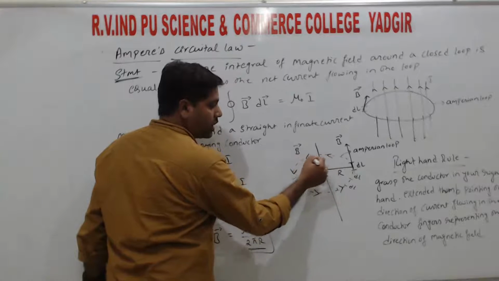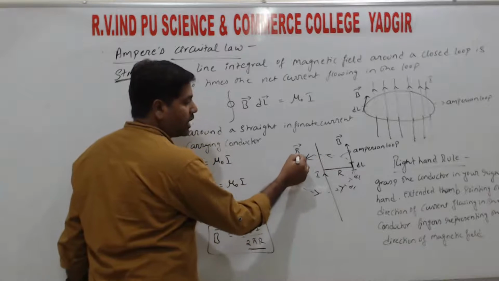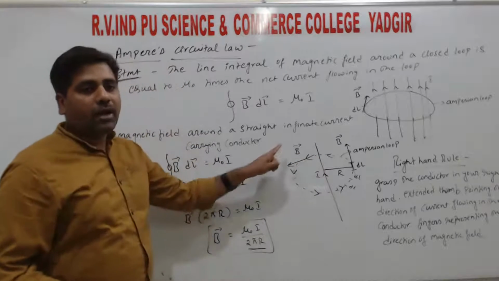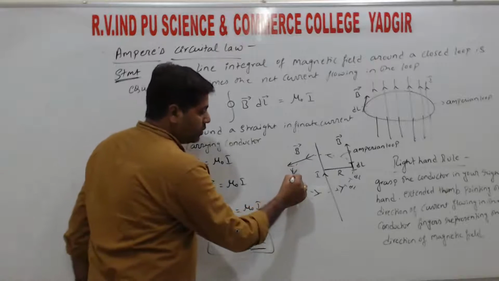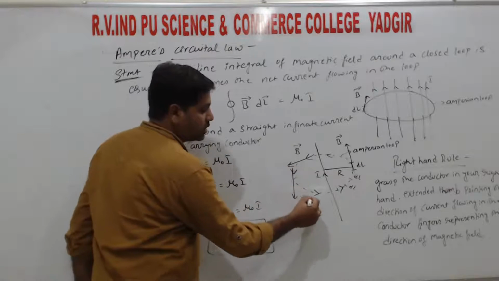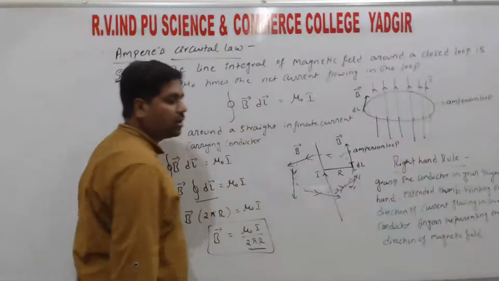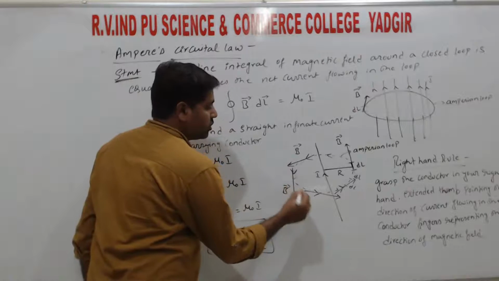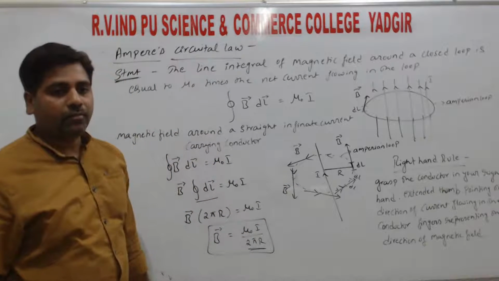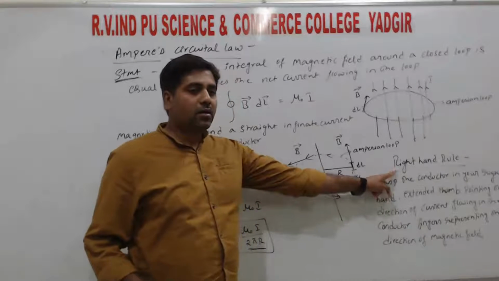On this circular path, at any point if we draw a tangent, that direction gives the direction of the magnetic field. Here, here and here also, drawing the tangent gives the direction of the magnetic field, right? This is again by using the right hand rule.